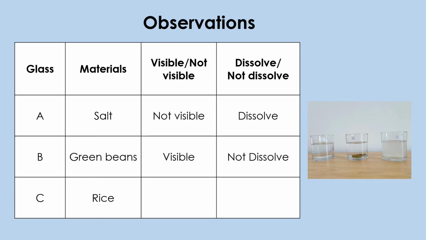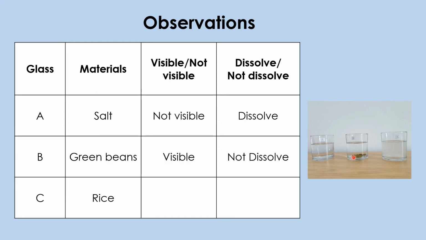Look at glass B. The glass B material is green beans, and at the end of the investigation we still can see the green bean inside glass B. So, is it visible? Yes, visible.